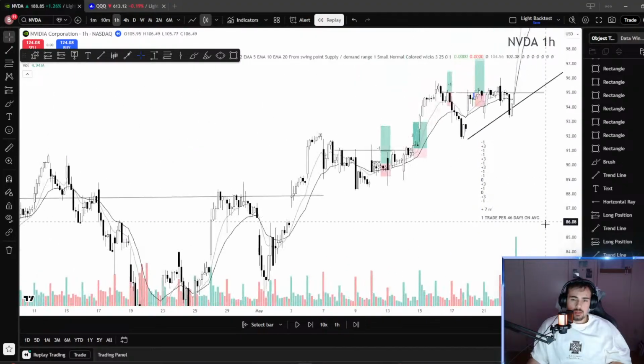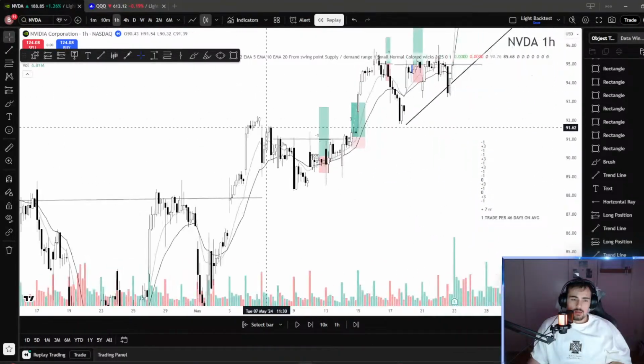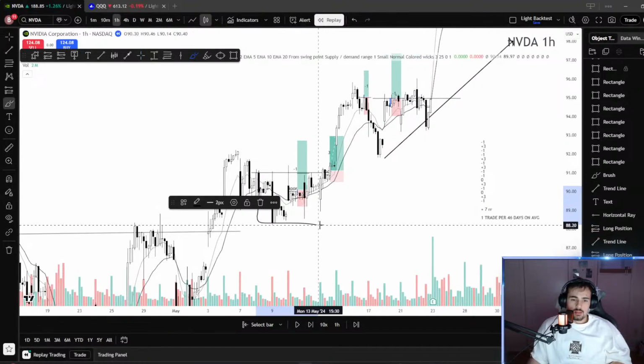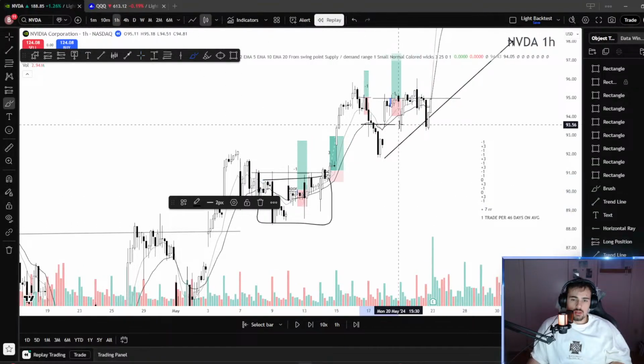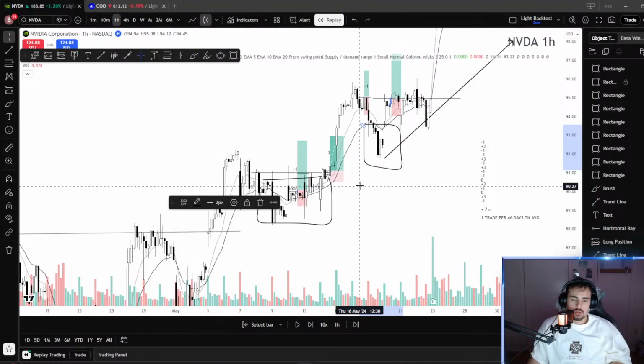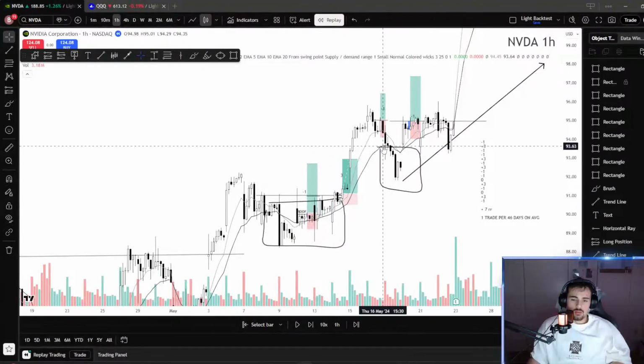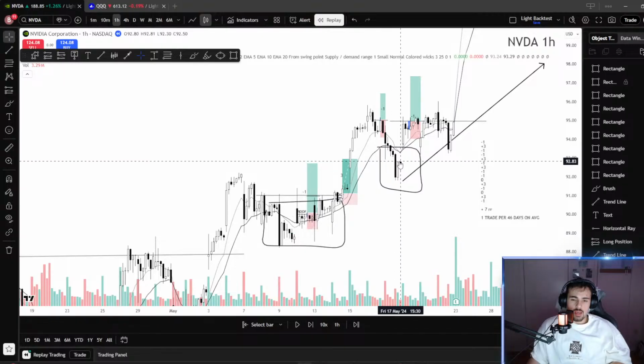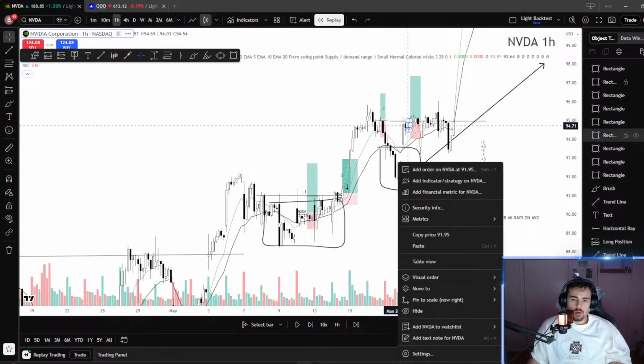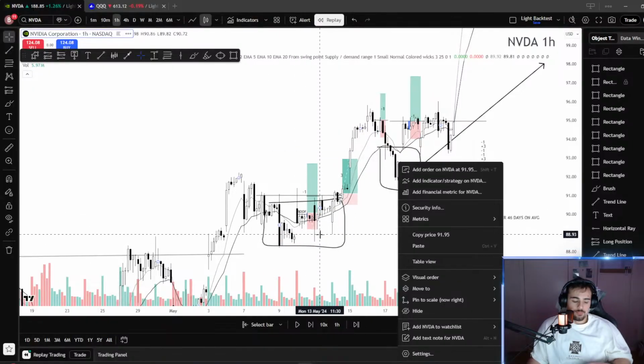Now, an important thing to note is this sideways price action and this sideways price action do look different. So this was a very quick downwards movement with very minimal sideways action before it rebroke up, whereas this was a much more pronounced version of such.